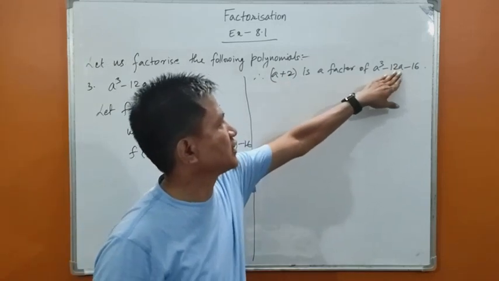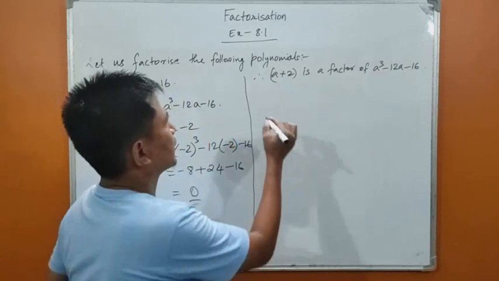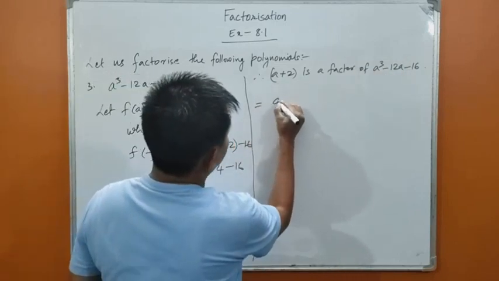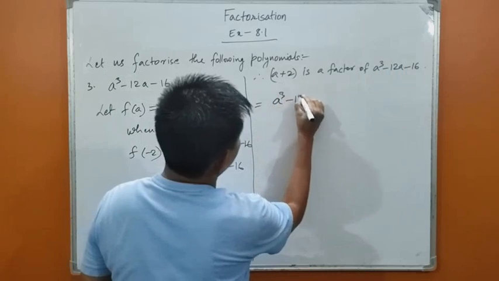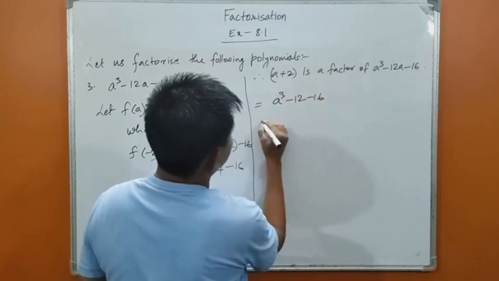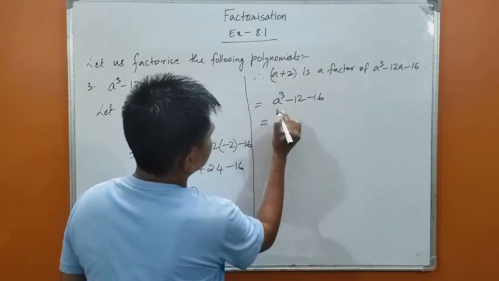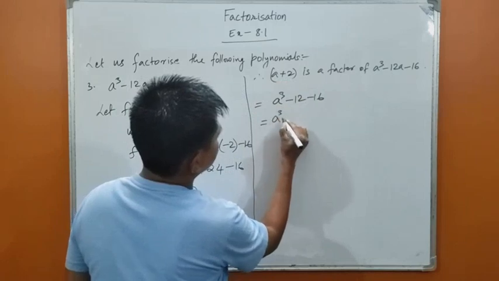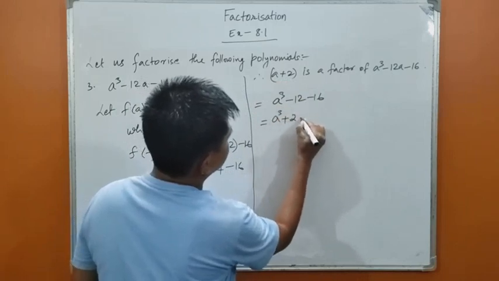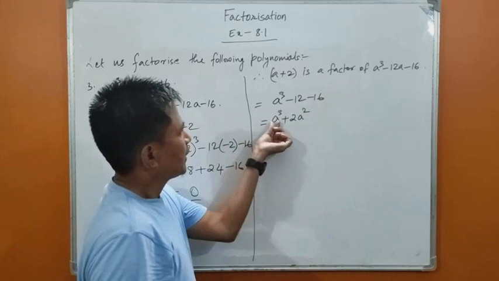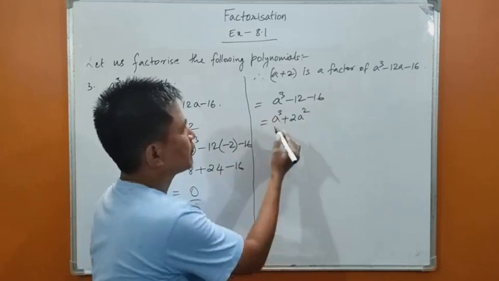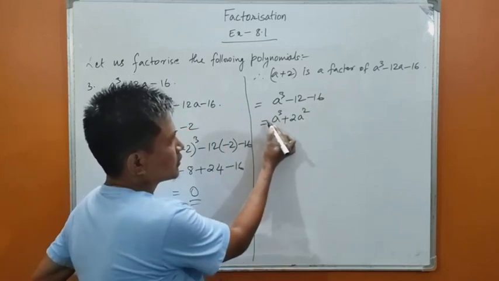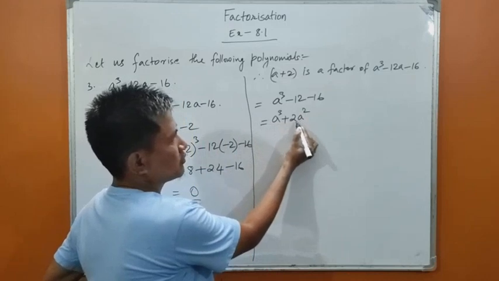Now let us convert this expression into a plus 2 form. We have a cube minus 12a minus 16, isn't it? So to get this a plus 2 form, what we do is a cube plus 2a square. When we take a square common from this it becomes a plus 2.